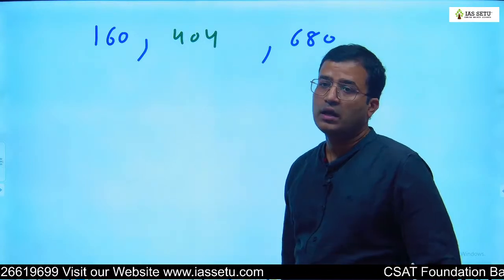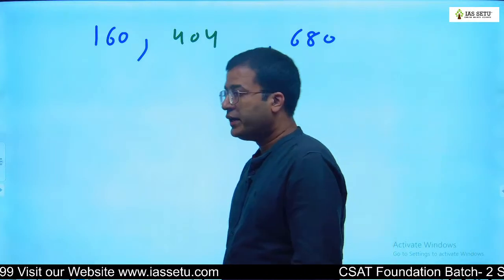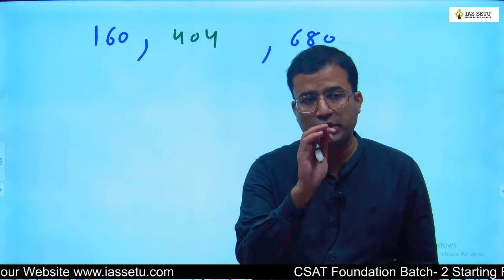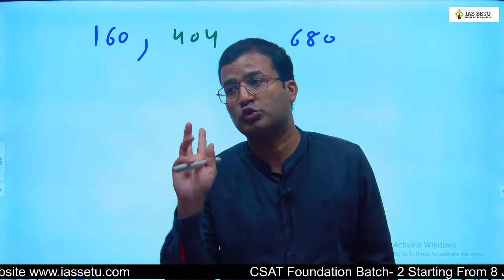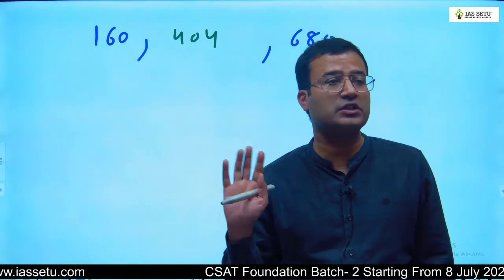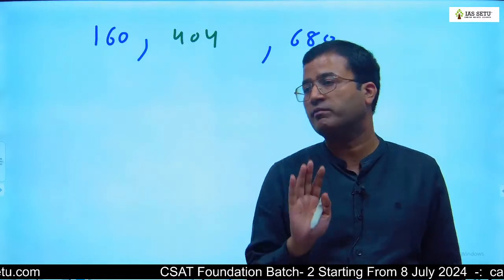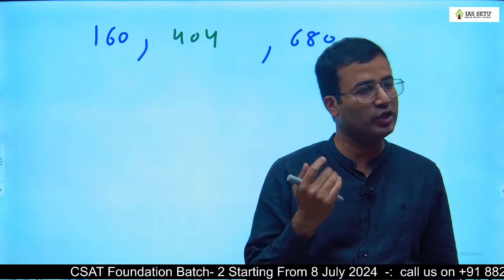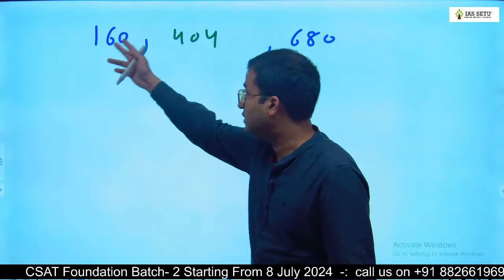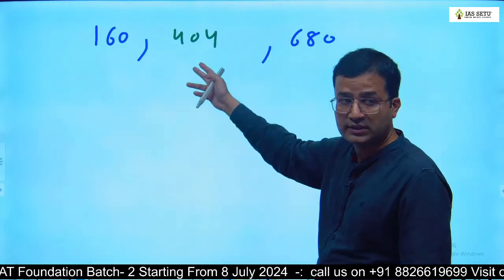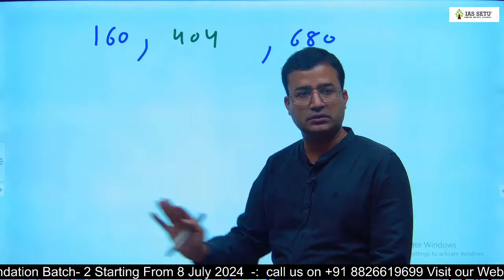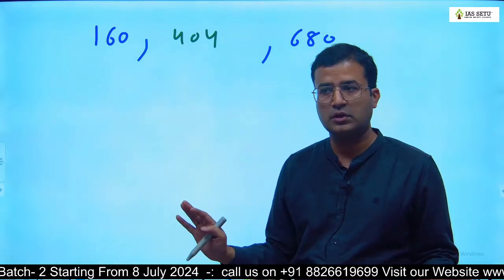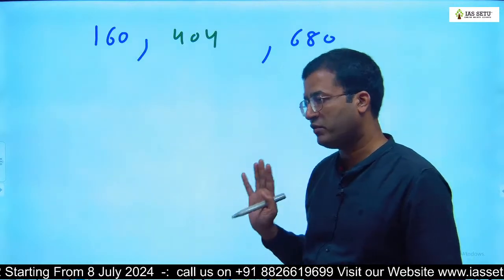What to do? It's your choice. Any of the larger number, but you can check two numbers at a time. You don't have a shortcut, so you check all three numbers. First, you have to select any two numbers. You can select this and this, or this and this. There is no hard and fast rule.